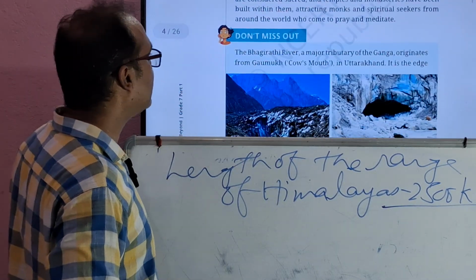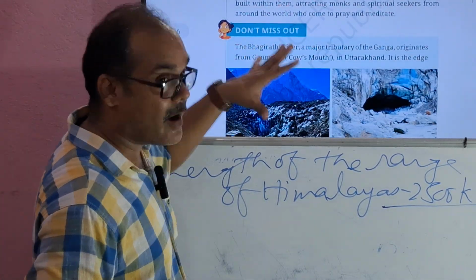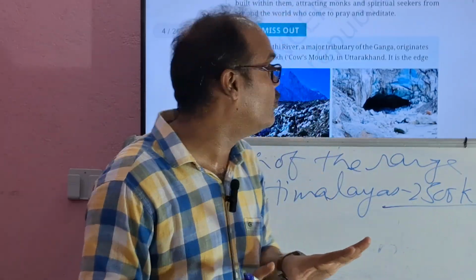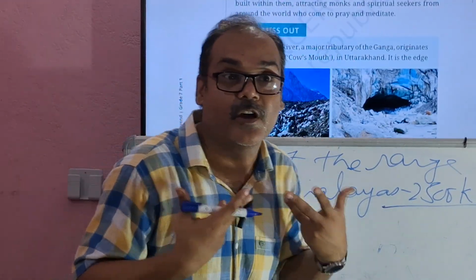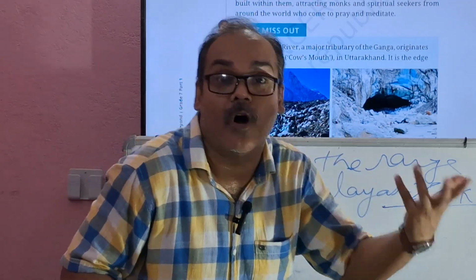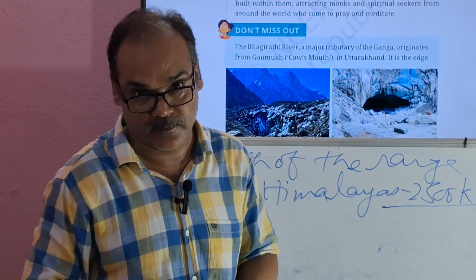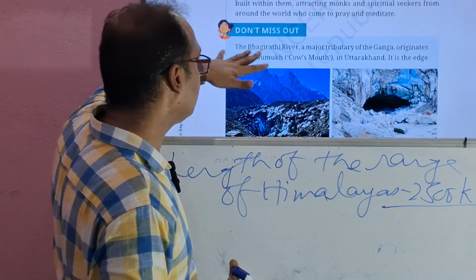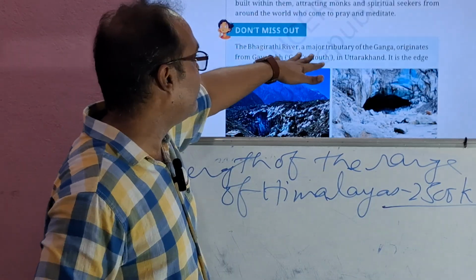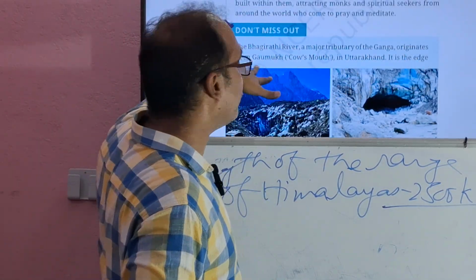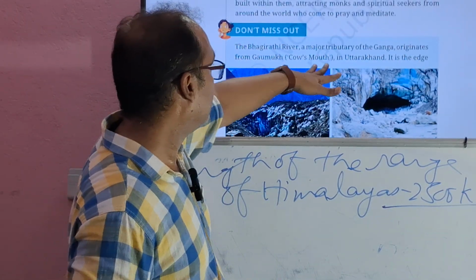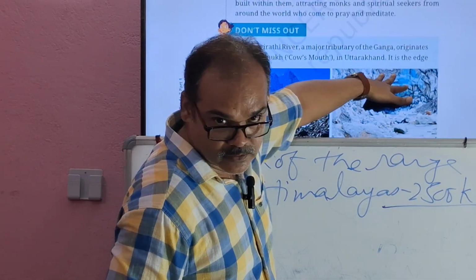Now let's talk about the Bhagirathi river. Bhagirathi river is a major tributary. What is the meaning of tributary? To tribute water to the main river, right? So the Bhagirathi river, a major tributary of Ganga, originates in Gaumukh in Uttarakhand, right?